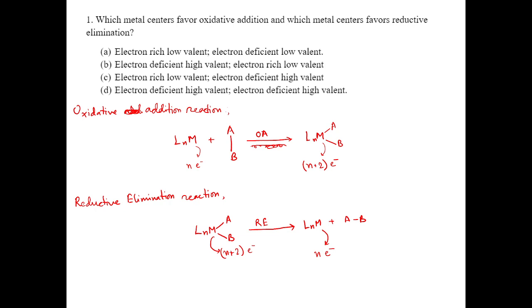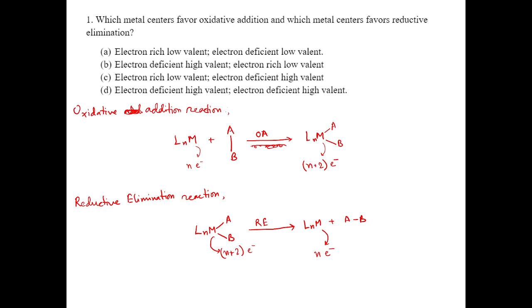So if you observe the options given in this question, the deciding factor is the electron density on the metal center, right? In the oxidative addition reaction, the metal center is reacting with AB, so the metal center acts as a type of nucleophile.